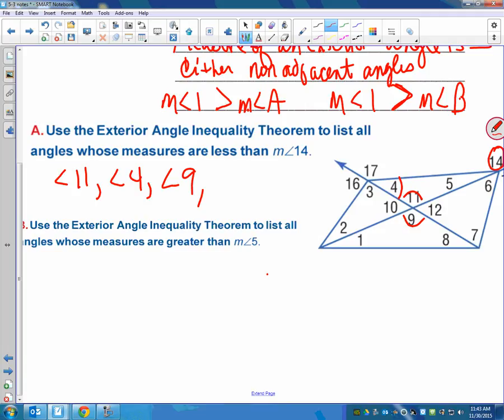It doesn't have to be to scale, right? But you know that 5 is going to be smaller than 11, right? 11 is smaller than 14.